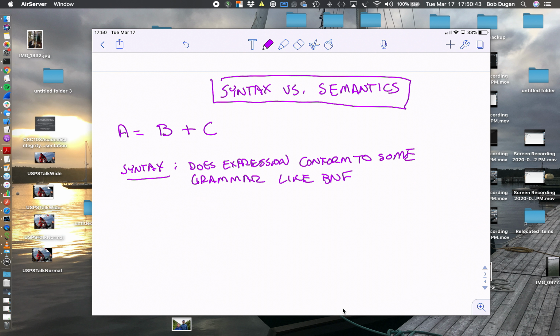Some grammar that describes how to construct an expression in the language that you're working with. Semantics, well, semantics answers the question, what does the expression do?